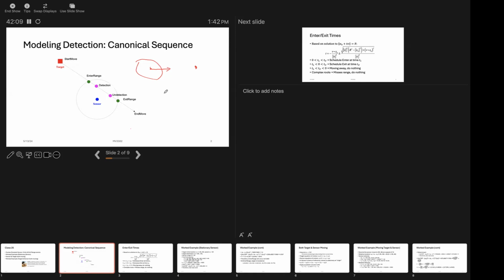But in fact, in simulation, the quantities we're interested in as far as detection goes are orthogonal to the ones that the people who study this come up with. The people who study detection theory typically produce the probability of detection. Now, if you're running a simulation and I give you the probability of detection of this target against that sensor, how does that help you in the simulation?